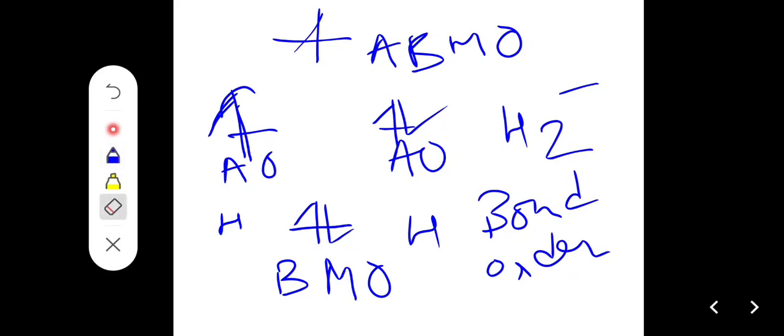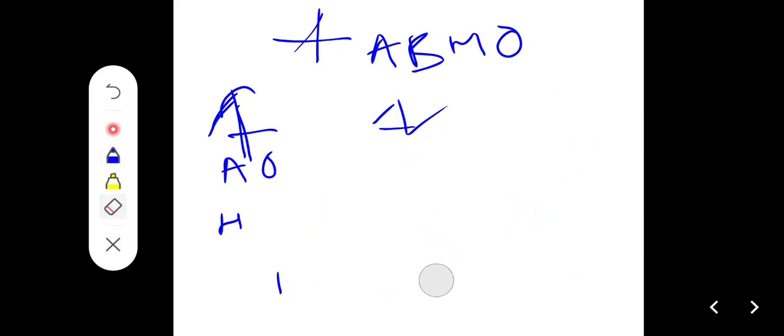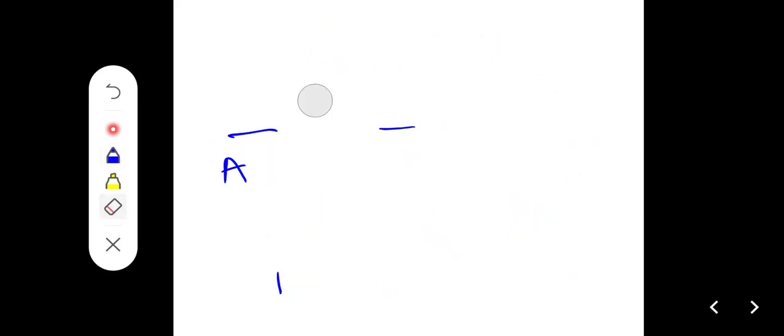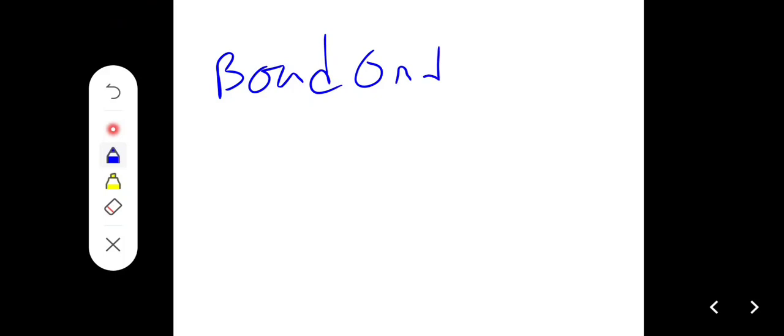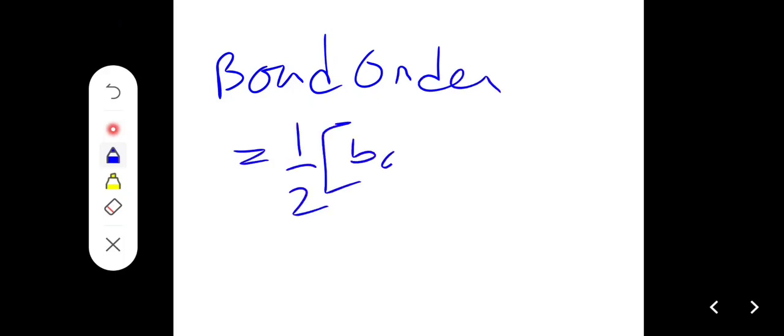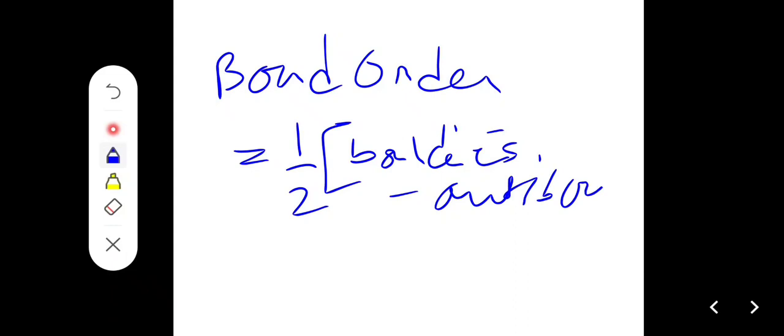Bond order. What do you mean by bond order? Bond order equals half into the bonding electrons minus the anti-bonding electrons, that is, half of the electrons present in bonding molecular orbitals minus the electrons present in anti-bonding molecular orbitals.